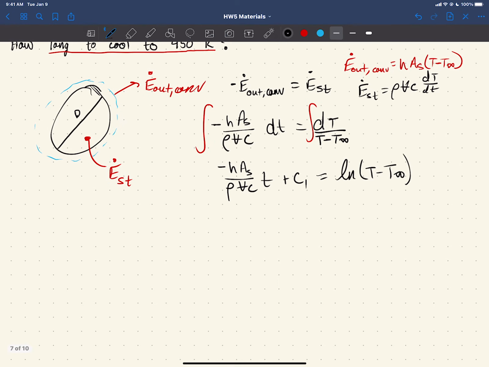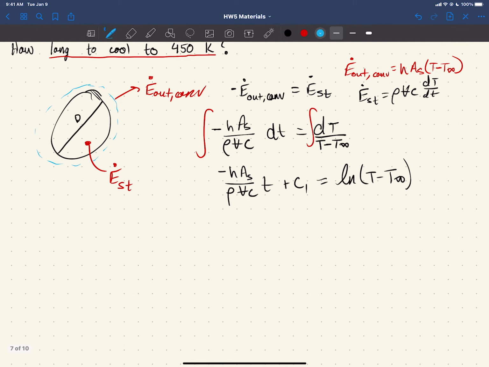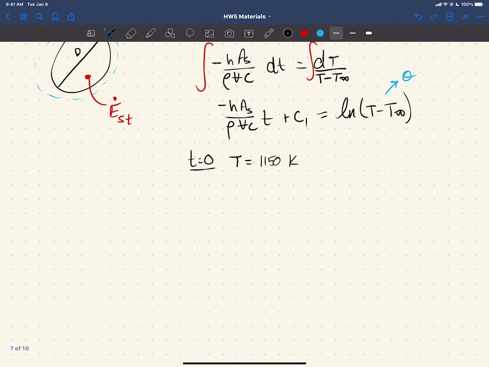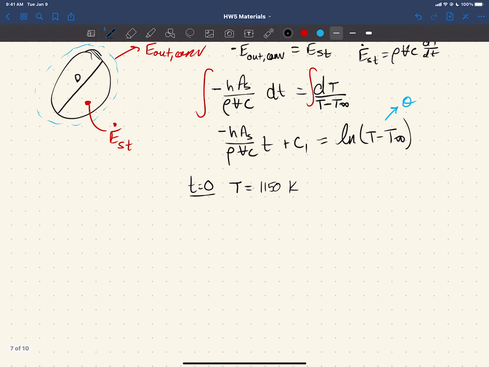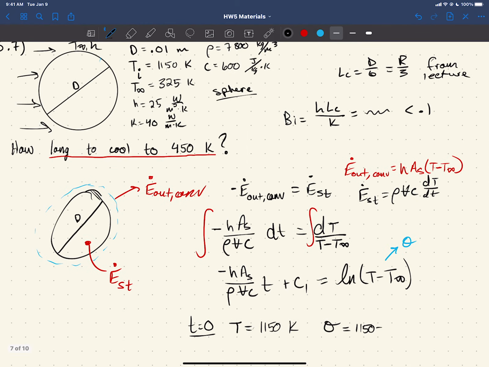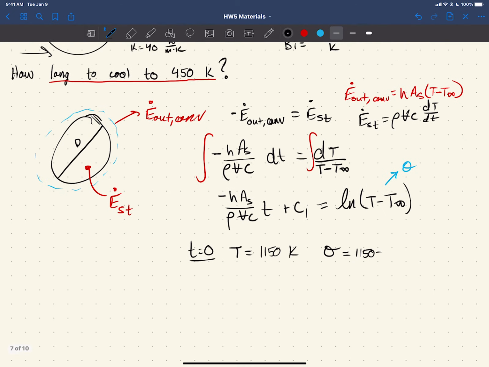That's really important, though. So I'm going to do what I did before and call this theta from here on out. At t equals 0, your T is 1150 Kelvin. So you would get theta naught as 1150 minus the temperature of the air, 325, which is T infinity.